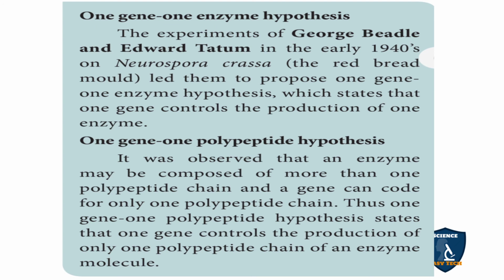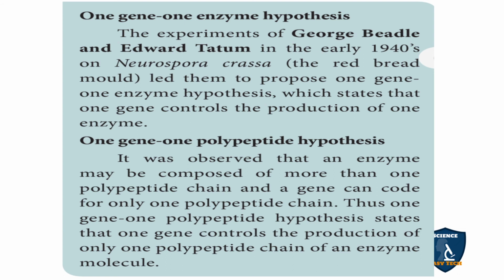Thus, the one gene, one polypeptide hypothesis states that one gene controls the production of only one polypeptide chain of an enzyme molecule. So first Beadle and Tatum said one gene, one enzyme hypothesis. One gene produces one enzyme, according to them.